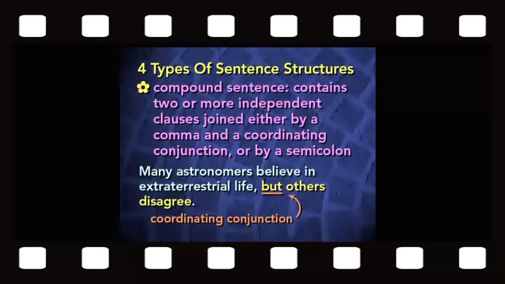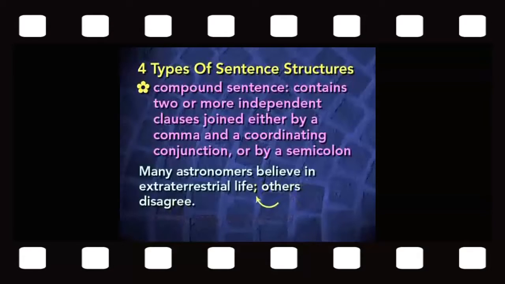namely a compound sentence, because it's made up of two independent clauses. Now remember, we said there's another way of creating a compound sentence, and that is to use a semicolon in place of the comma and the coordinating conjunction. So this sentence would also be correct if it read as follows.